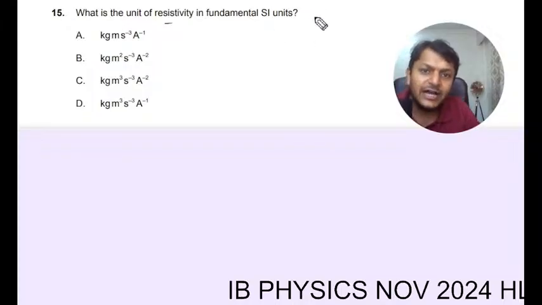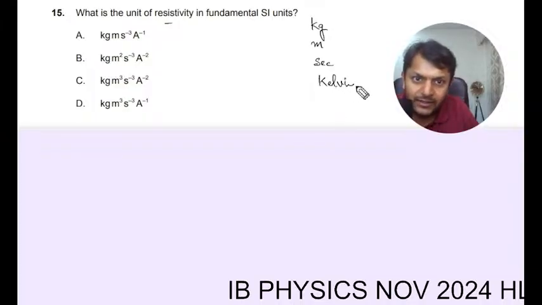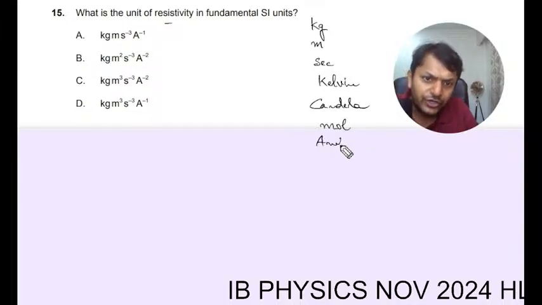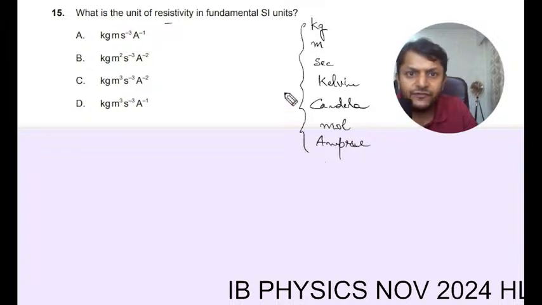Starting is kg for mass, then meter for length, then second for time, Kelvin for temperature, candela for light, mole for amount of substance, and the 7th one is ampere for current. So these are the 7 fundamental units.